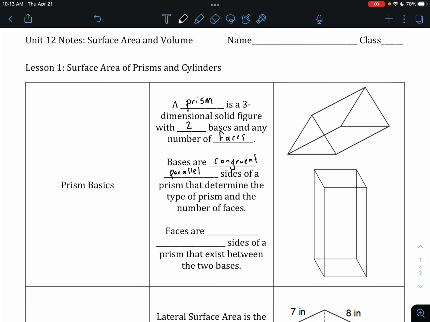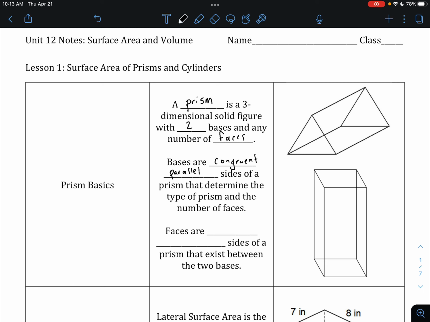For instance, if the base is a square, squares have four sides, so there are four faces on your prism. If your base is a triangle, triangles have three sides, therefore there are three faces on your prism. So this top picture is a triangular prism. This bottom picture is a square prism or a rectangular prism.